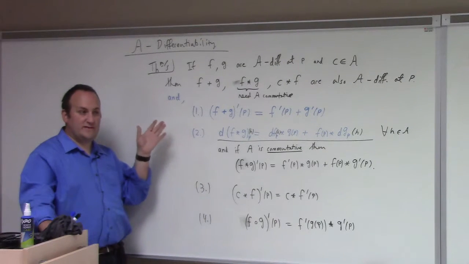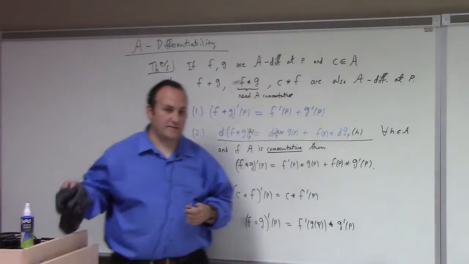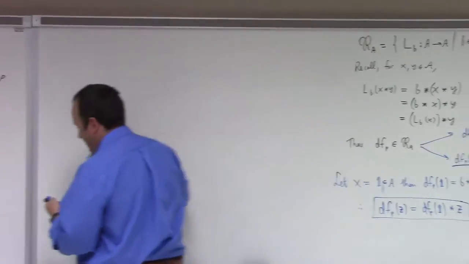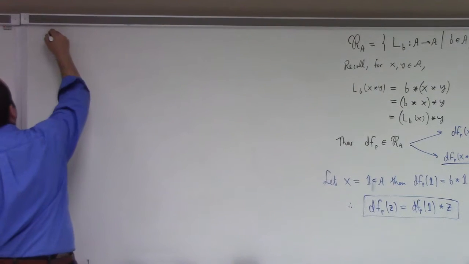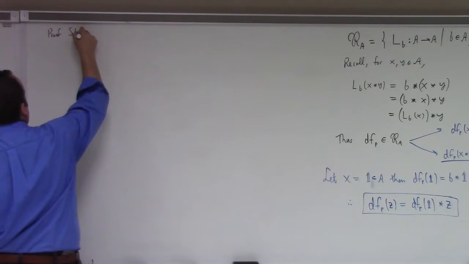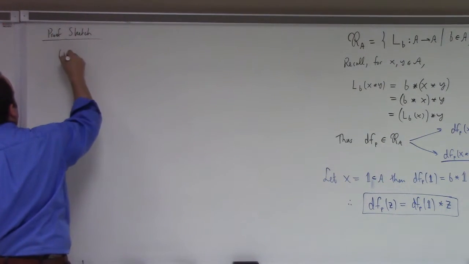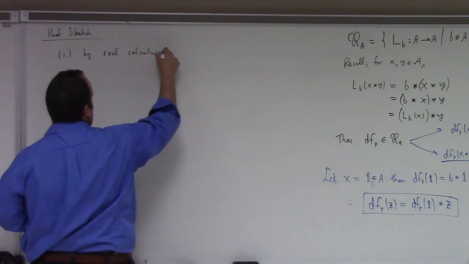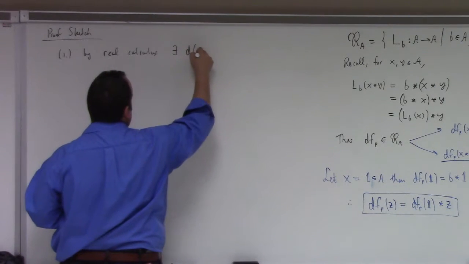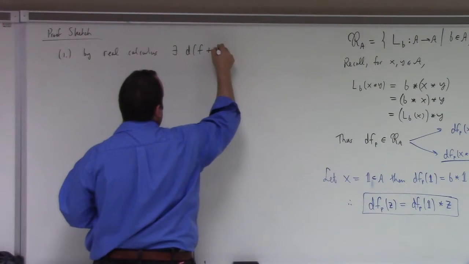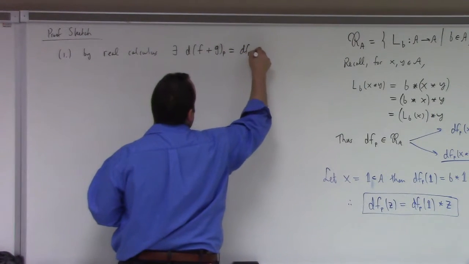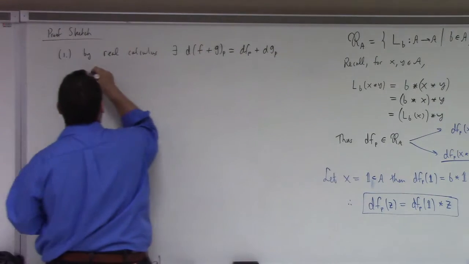There exists d of (f plus g) at p, and let me at least give you a proof sketch here. So for one, by real calculus, there exists the differential of f plus g at p, which is equal to dfp plus dgp, and check it out.